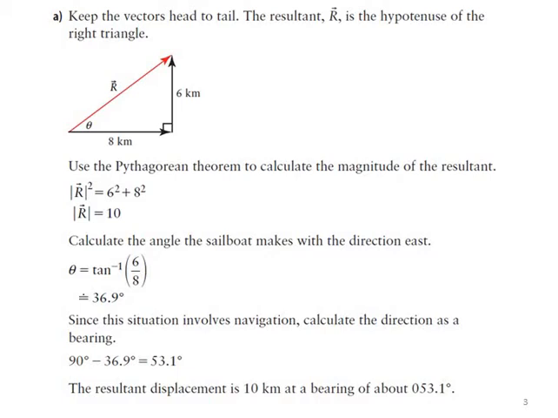Since this situation involves navigation, calculate the direction as a bearing. So the direction as a bearing is going to be 90 minus 36.9, which is 53.1. So the resultant displacement is 10 kilometers at a bearing of about 53.1 degrees.